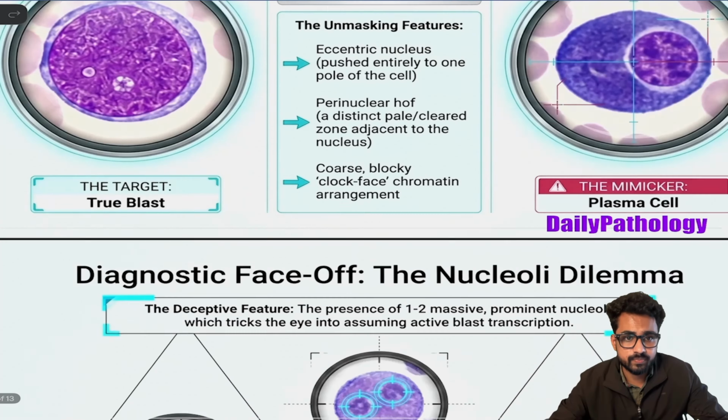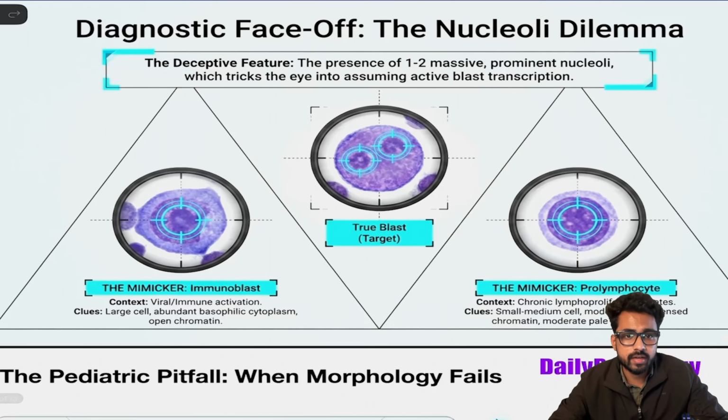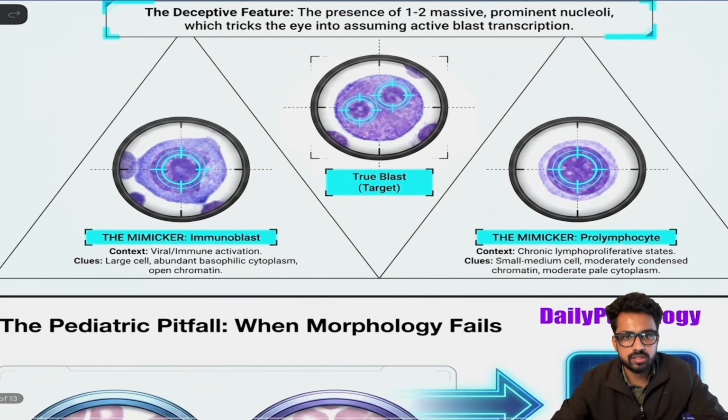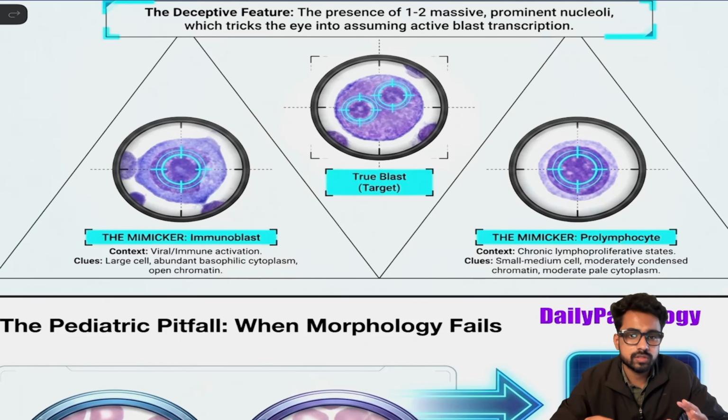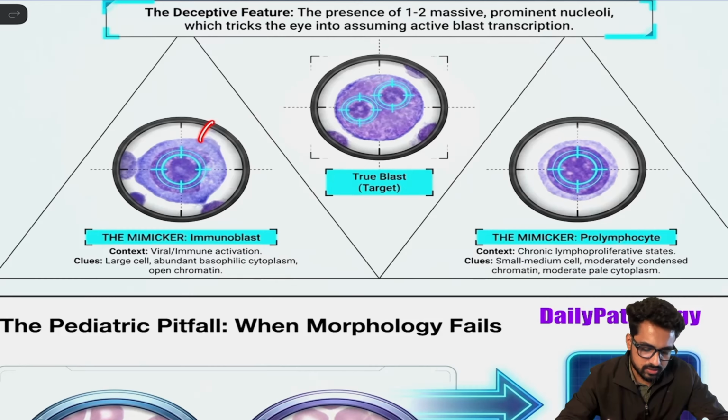Next is the nucleoli dilemma, which can be confused between immunoblast as well as prolymphocyte, as both can show prominent nucleoli. So how will you differentiate between the two? In case of immunoblast, you have to find out whether there is any viral infection or any infection that leads to patient immune activation. The clue is that the immunoblast is a large cell with abundant basophilic cytoplasm and open chromatin.